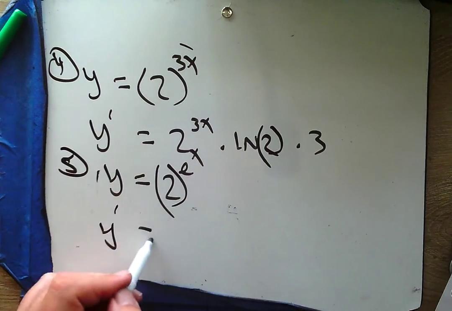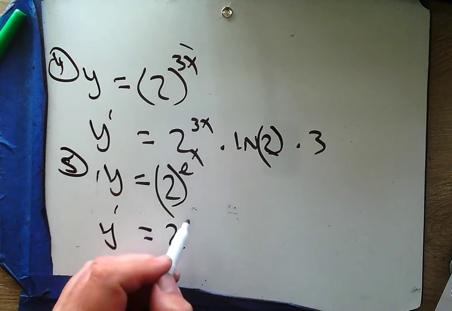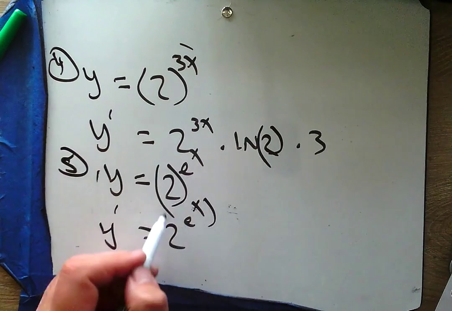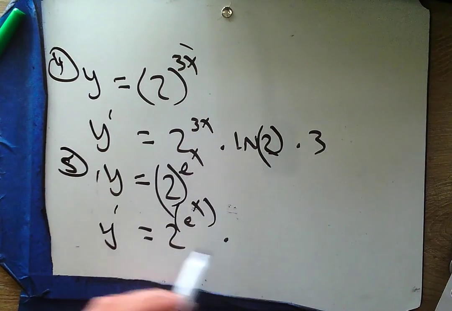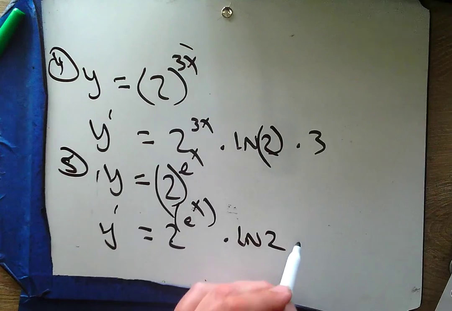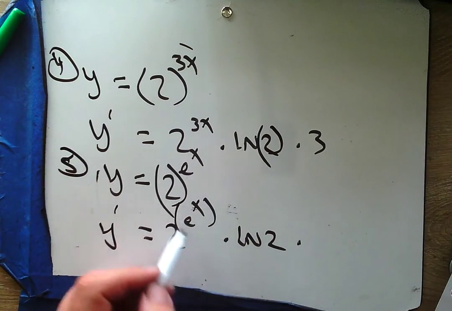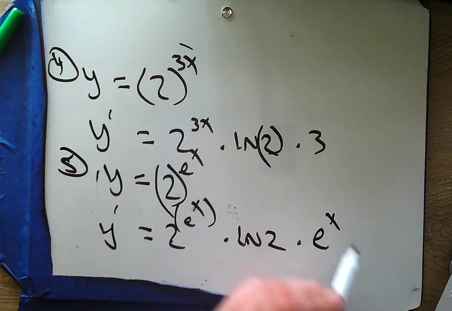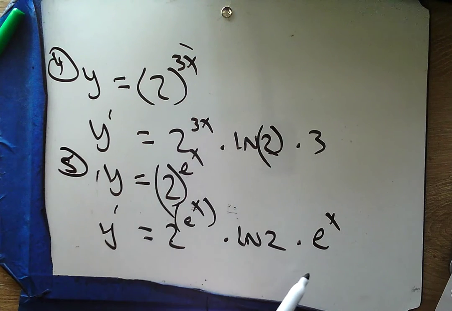Remember, the derivative of an exponential is the exponential times ln of the base times the derivative of that inside function. We know the derivative of e to the x is e to the x. Okay, 2 e to the x, yep, that's great.